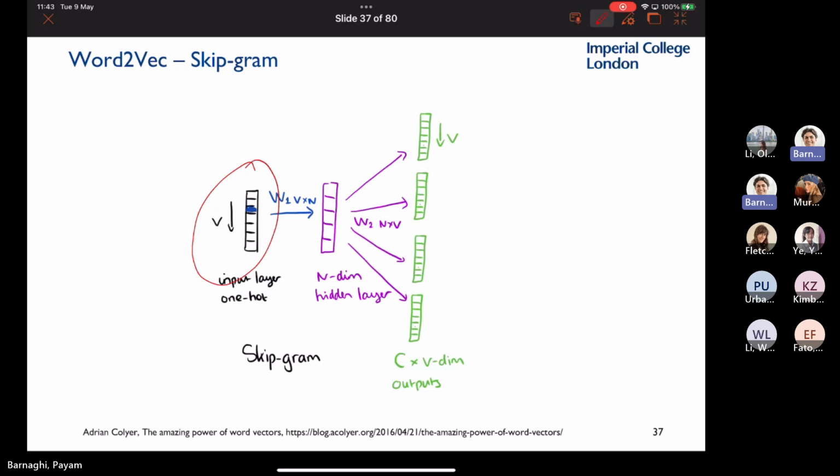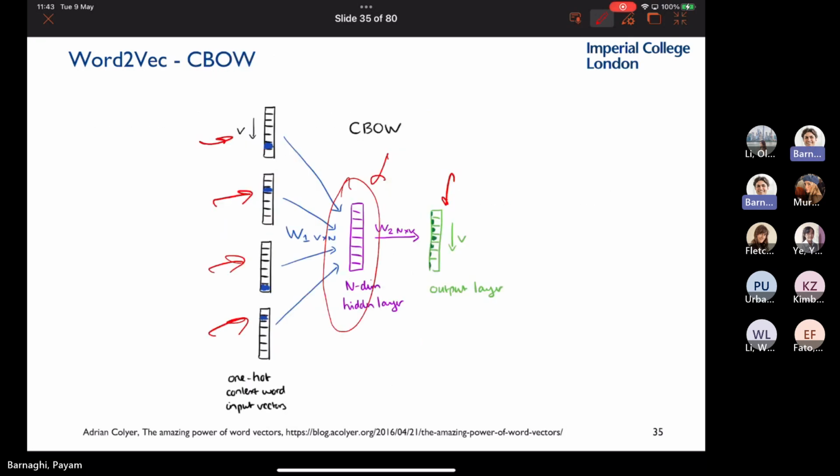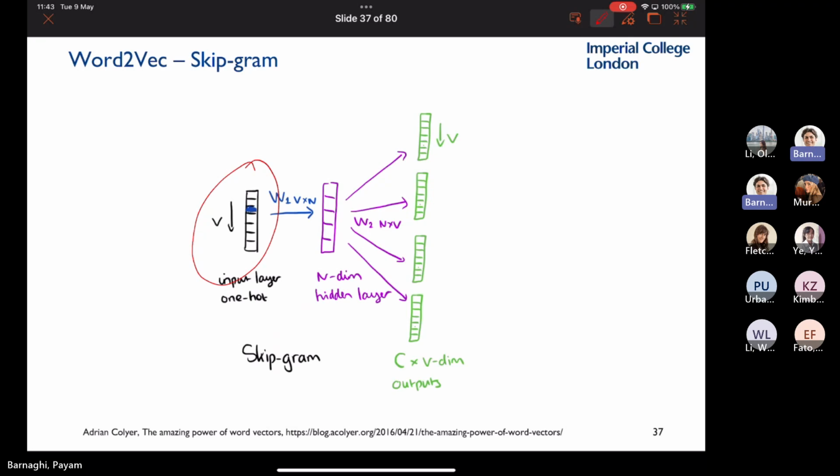You train a model to create all the context words. Once you learn it, this becomes your representation. Each of them has a different way of learning the representation.